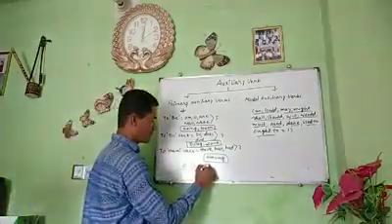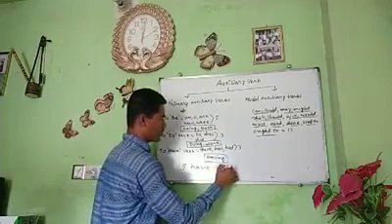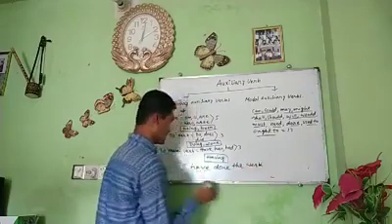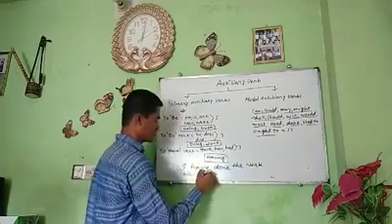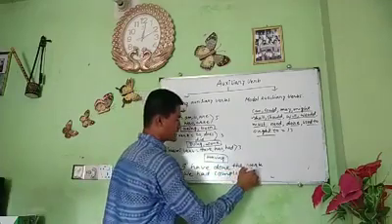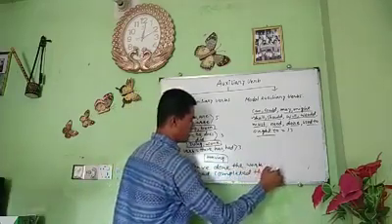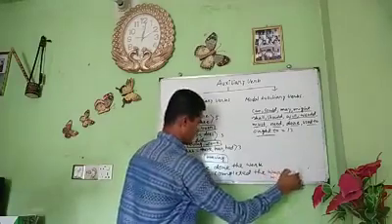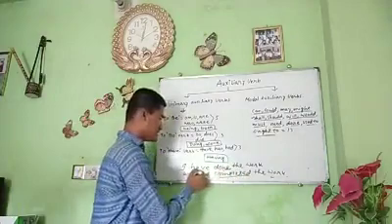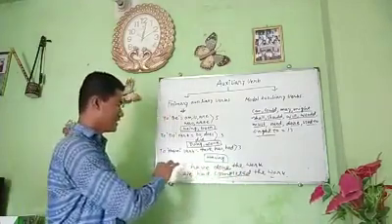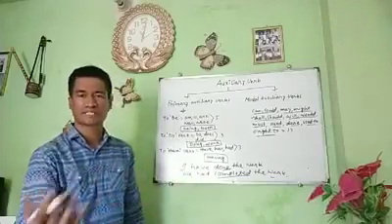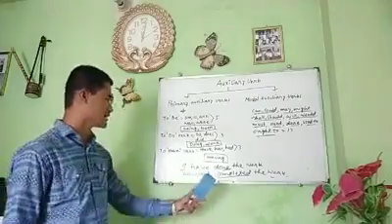I have done the work. We had completed the work. Here completed or done after have or had, the main verb is changed into the past participle form. I have done the work.